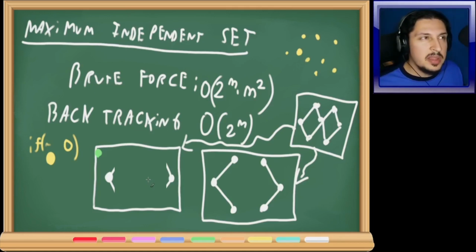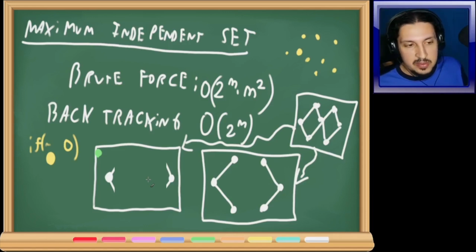In fact, now that I think about it, we probably can keep the full degree by using bit masks, because we can take the AND of the current alive vertices with the vertex's original neighbors mask, and the number of ones in that mask can be counted with a pop count, which is a constant time operation ideally. That will give us the degree, but we just want to check if that mask is 0 or not, so that seems easier.